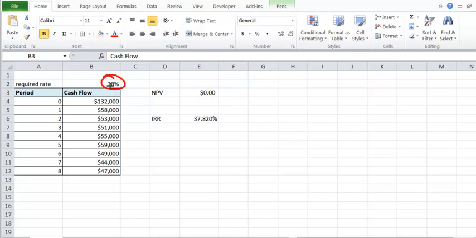IRR is that required rate of return which will make the NPV equal to 0. If you put any required rate of return which is more than IRR, let's say 38, NPV will be negative. If you put less than IRR, say 37%, NPV will be positive. So at IRR your NPV is going to be exactly 0.